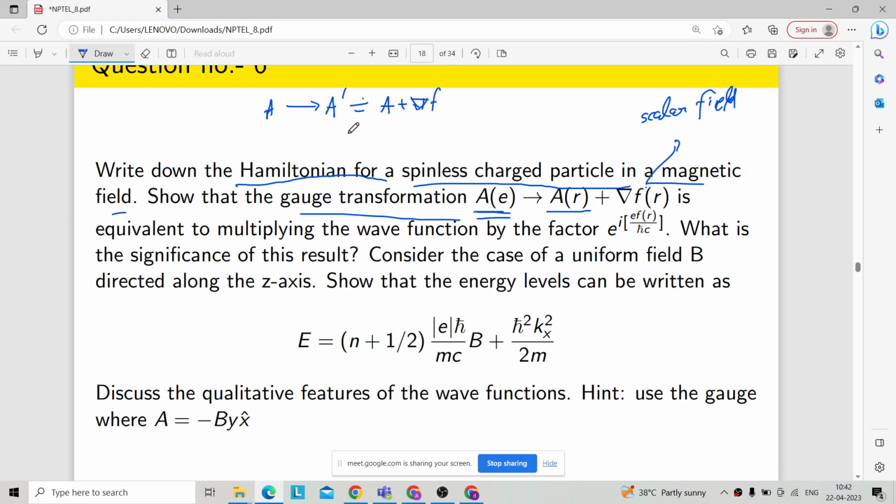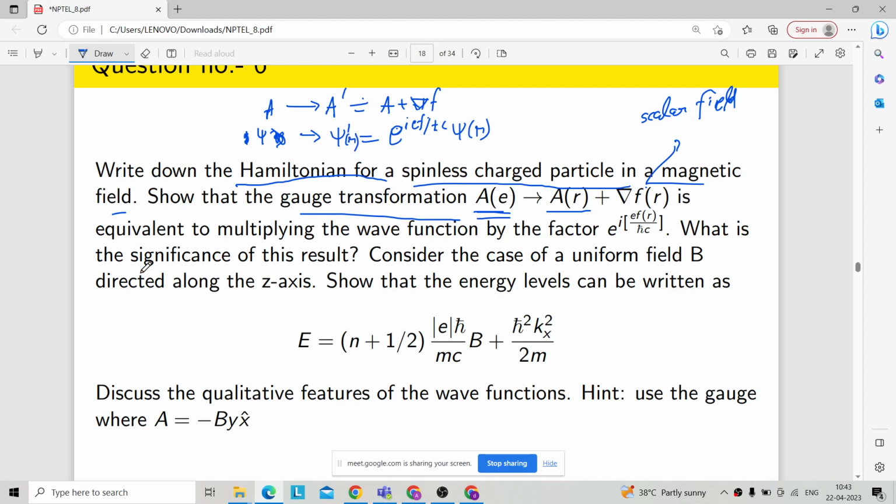our state or wave function will just transform to psi prime, which will be e to the power i e f by h cross c times psi of r. So we have to solve this.